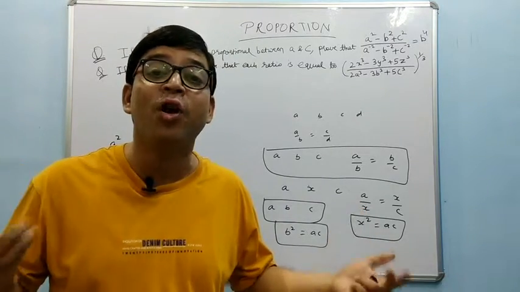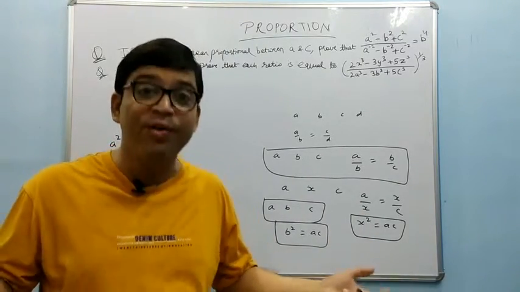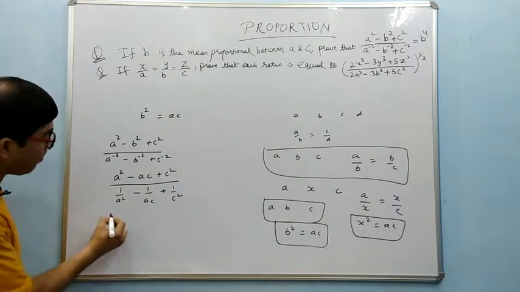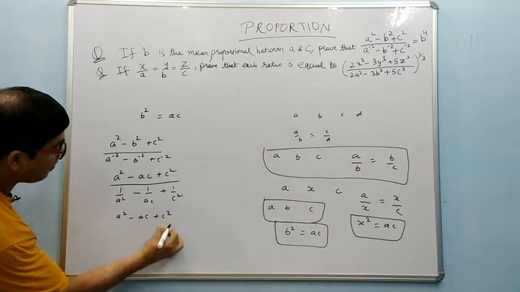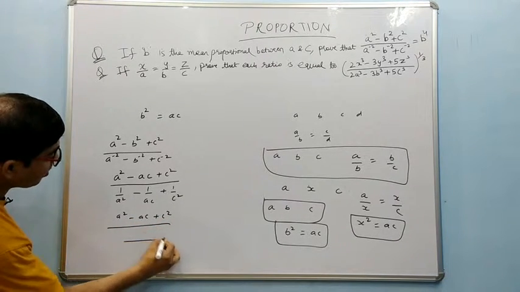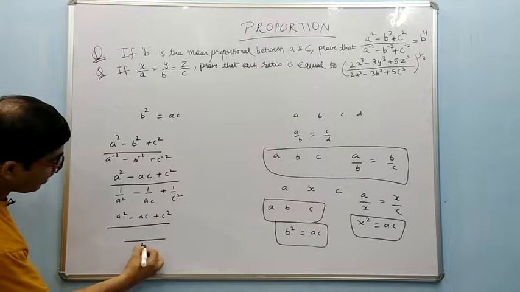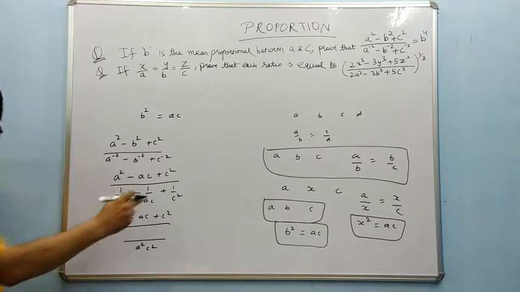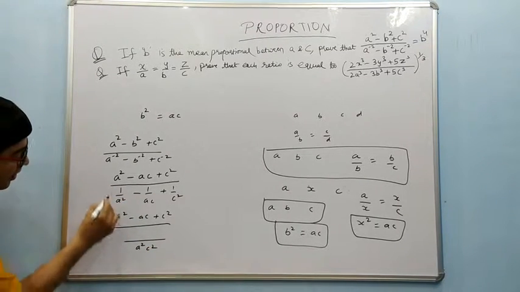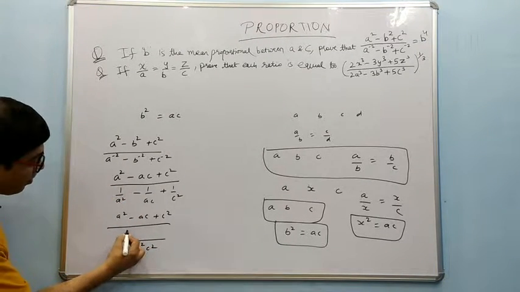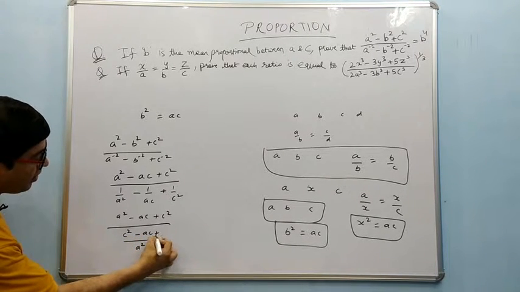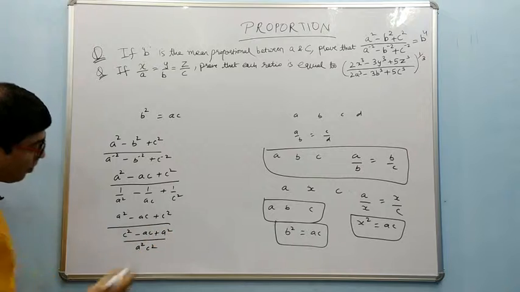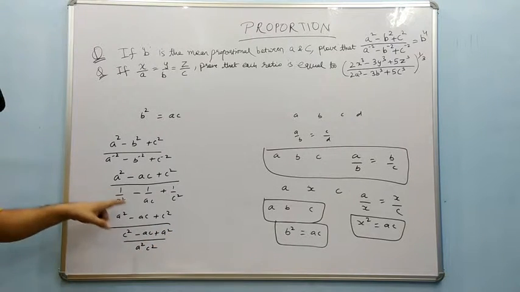That means I have got rid of B everywhere. Now we see what is happening. A square minus AC plus C square in the numerator, and the LCM in the denominator comes out to be A square C square. So what is here? C square. What is here? AC. What is here? A square. A square is getting cancelled, and C square in the same way.